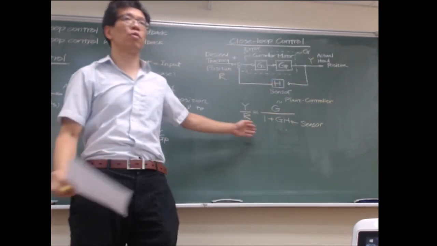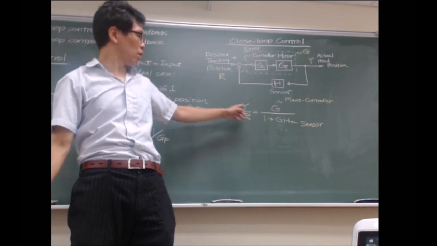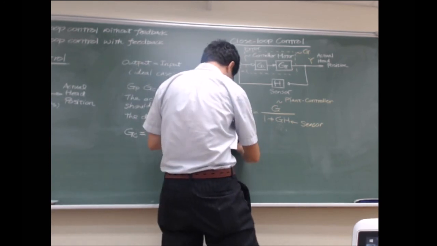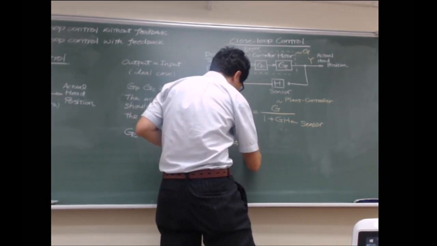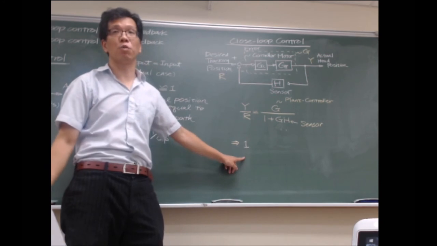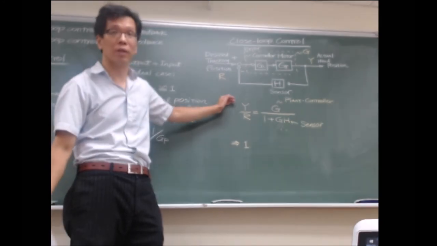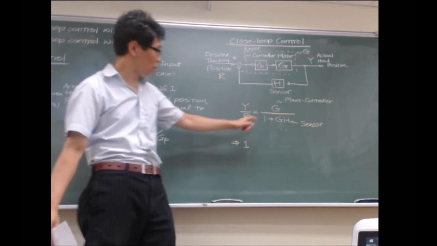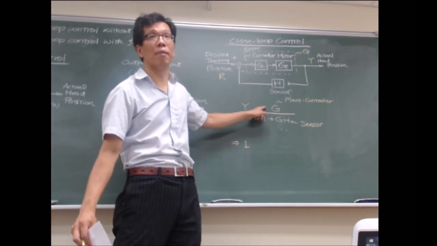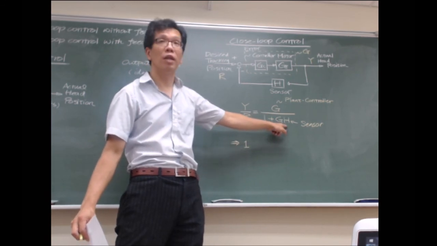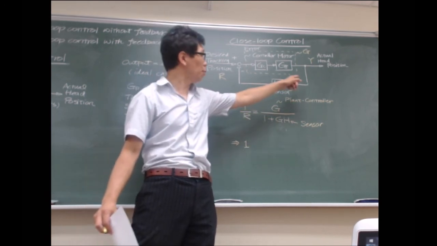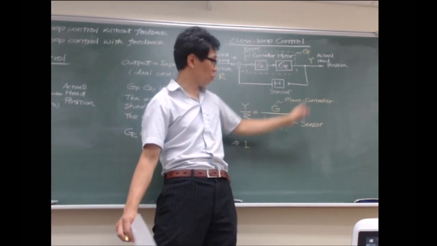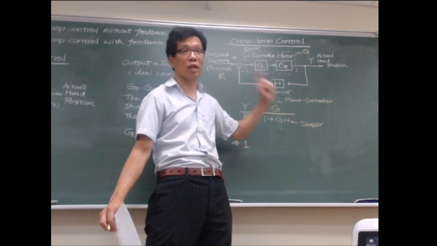So when we are doing something like this, Y over R needs to equal 1, right? Because when we say it's 1, it means that the output is the same as your input. So over here, how can we make it happen? If your sensor is a very expensive one, the reading is the same as your input, so we can just ignore this part and make this one as 1.